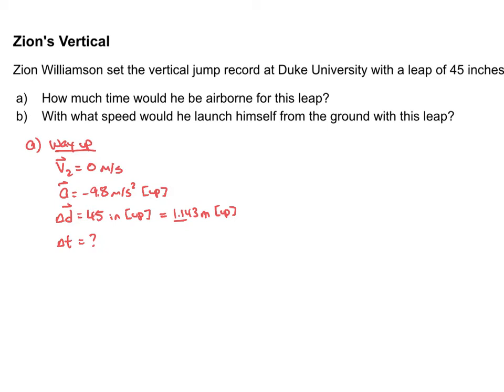So I've got to look for the kinematic equation that's got these 4 variables in it. And the one that I see from my formula sheet, if you have that in front of you, looks like this.